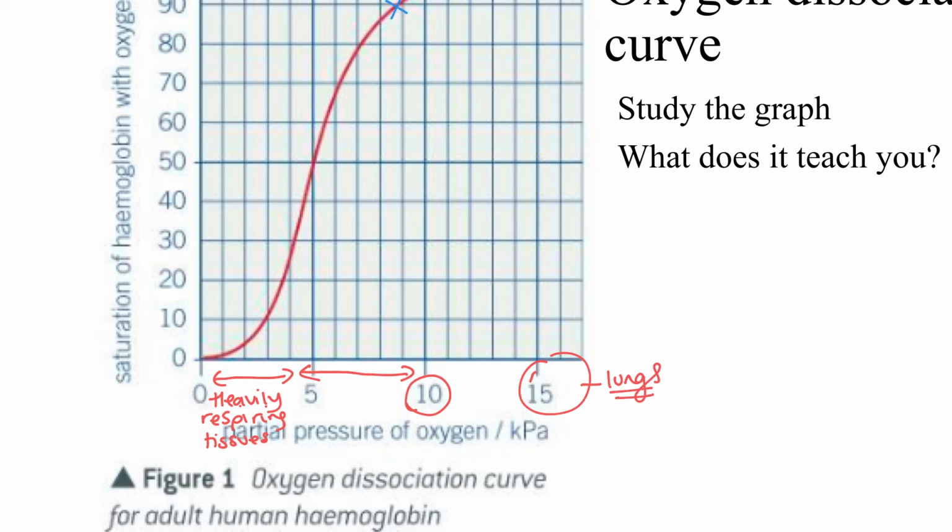But then when I go to some muscle cells, maybe cardiac muscle cells, they're really heavily respiring, or I go to some nerve cells, they're heavily respiring, and all different parts of the body will be somewhere on this graph. And so when I get there, I would give up some of my oxygen. So these different positions on the x-axis are representing areas of the body that have different metabolic rates and therefore have different partial pressures of oxygen.